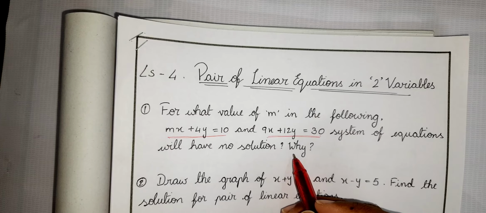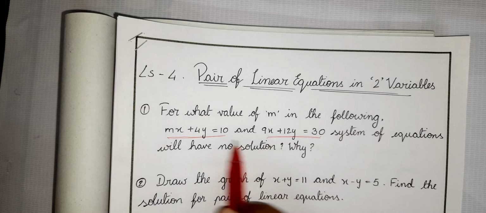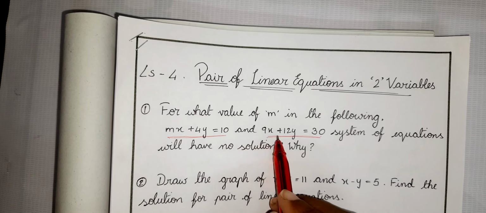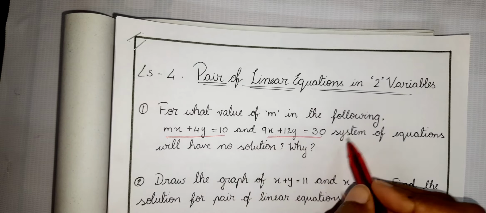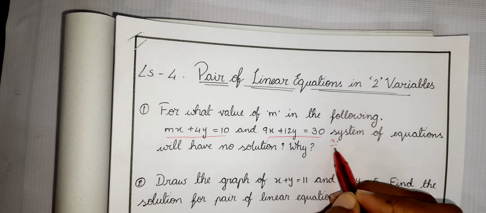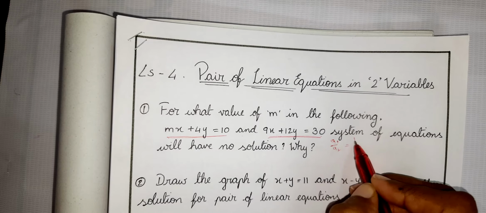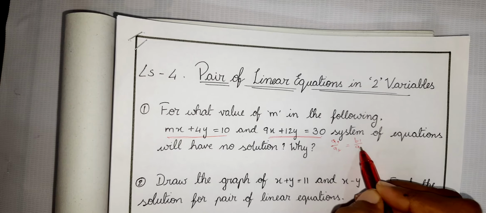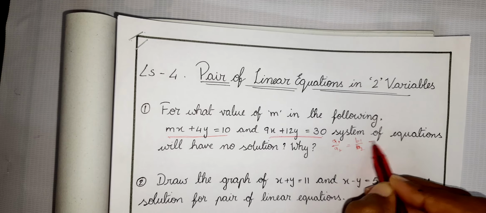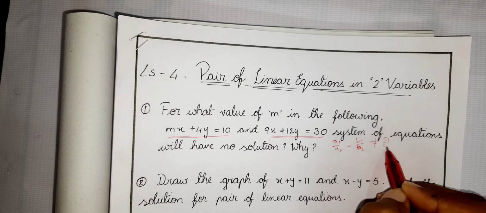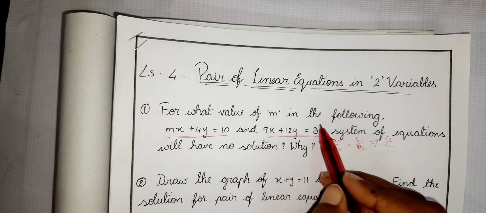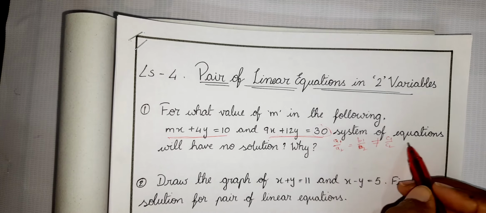When we say that there is no solution, that means the two lines must be parallel. What is the condition for two lines to be parallel? I am doing it here only because it is a direct problem. A1 by A2 is equal to B1 by B2, but not equal to C1 by C2. Now if you observe, C1 by C2 is 1 by 3.